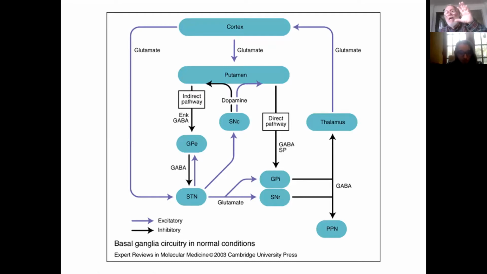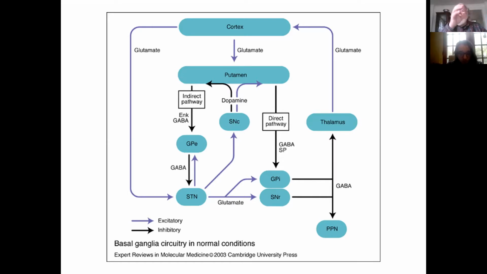There are 5 major dopamine receptors: D1, D2, D3, D4, and D5. However, they're divided into 2 different superfamilies: the D1, D5, and then the D2, D3, D4 superfamily.